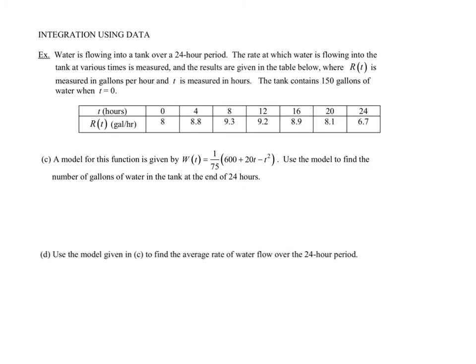Okay, part C is essentially asking us to do the same thing as parts A and B, but this time it gives us a function that they say models the rate at which the water is flowing into the tank. So this W of t is basically like a nice function model for the table that we were given in this particular problem. So that's what they're wanting us to use on this particular question.